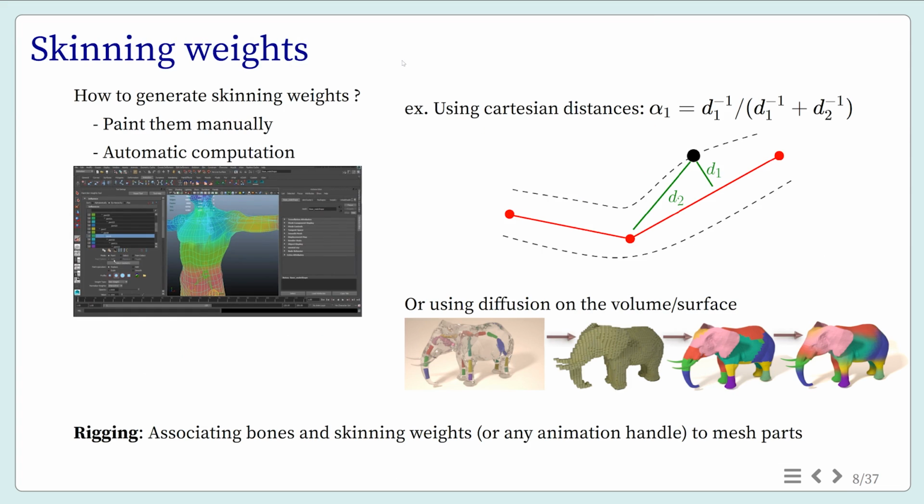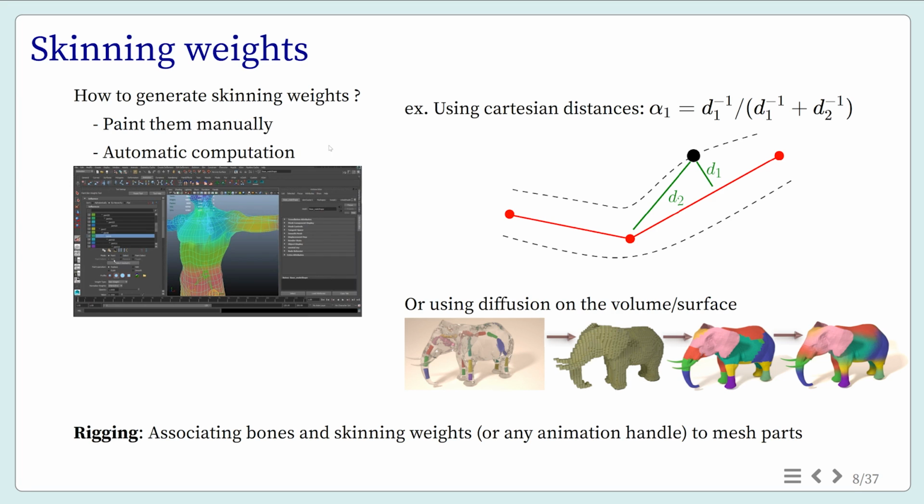So I explained that for smooth skinning, we need skinning weights. So how can we generate skinning weights? Currently, all 3D modelers propose an interface to directly paint skinning weights on top of the surface. It's not trivial to paint because they are barycentric weights, meaning that if you increase the weight with respect to one bone, the weights with respect to the other bones are going to decrease.